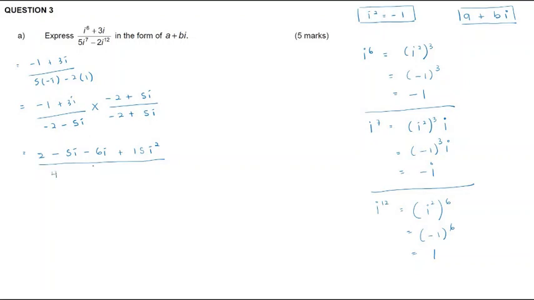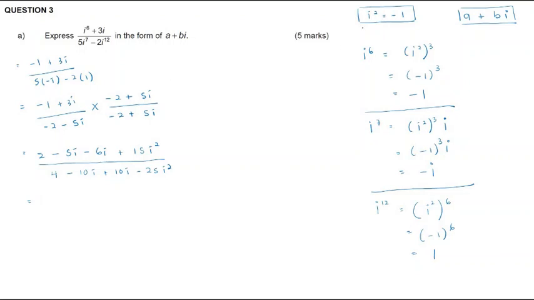Negative 2 multiplied by 5i is negative 10i. Negative 5i times negative 2 is positive 10i. Negative 5i times positive 5i is negative 25i squared. Okay, time to simplify.